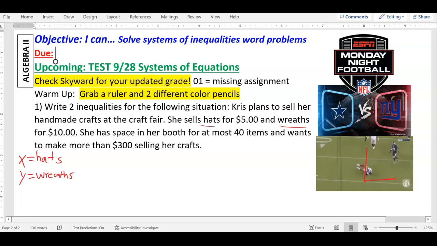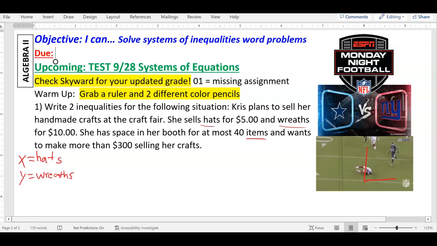Focus over here, please. Okay, let's make inequalities. It says the first thing, she has space in her booth for at most 40 items, okay? So when we talk about items, that's going to be our X and Y. So let's make an inequality. Ready?